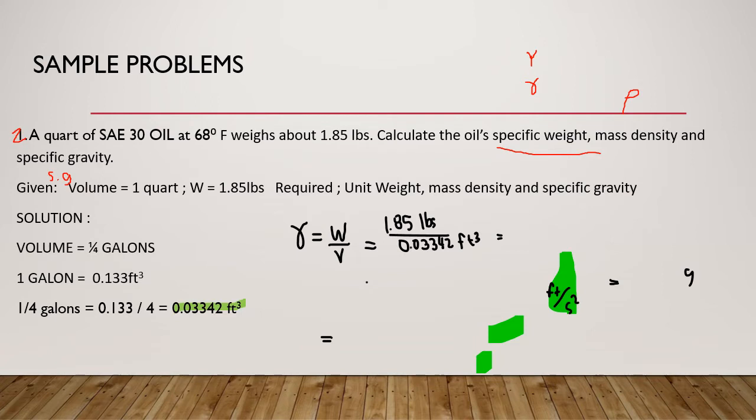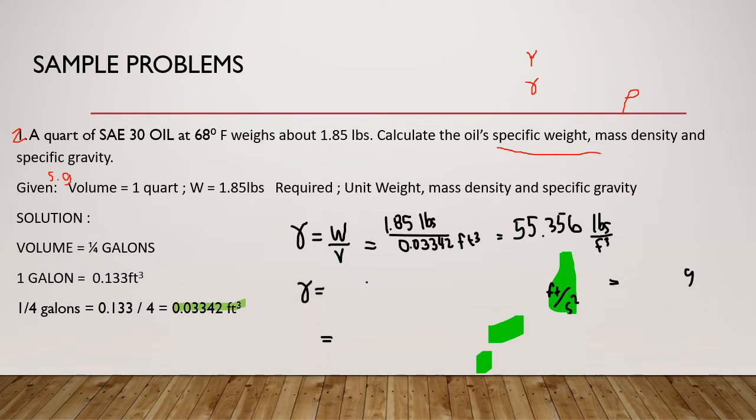So, lalabas yan, parang direct substitution, 55.356 pounds per cubic feet. Okay. Yan po yung ating units. Now, tapos na tayo sa gamma, which is the unit weight.